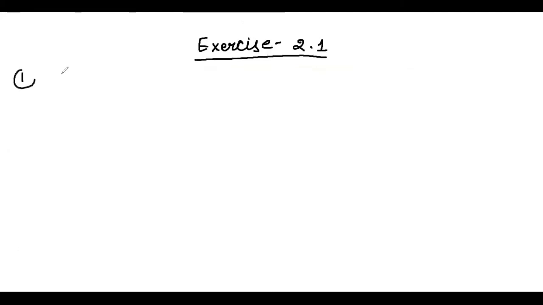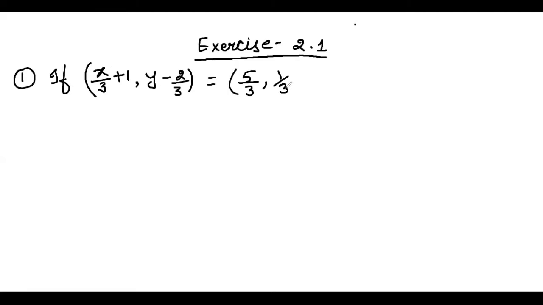First question is, if (x by 3 plus 1, y minus 2 by 3) equals (5 by 3, 1 by 3). Sorry, this is an ordered pair, not a set.